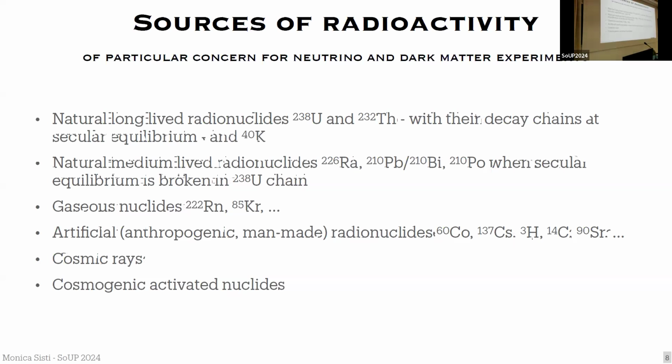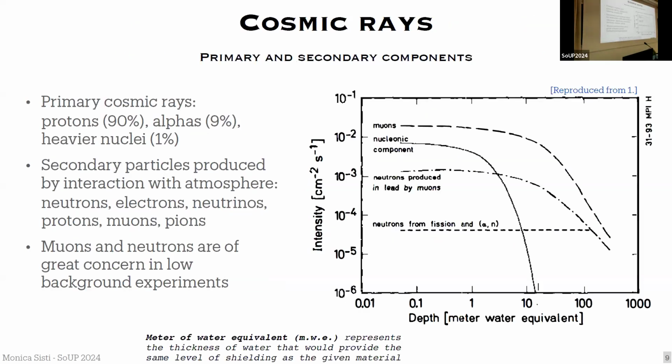But now, after this artificial injection of carbon-14 in the atmosphere, it is not possible to use carbon-14 radiodating anymore. And then we have cosmic rays continuously bombarding our atmosphere. We will discuss all these sources a bit more in detail.